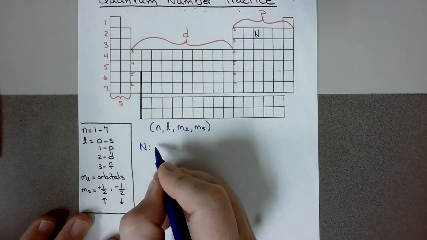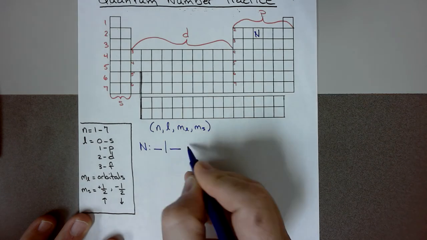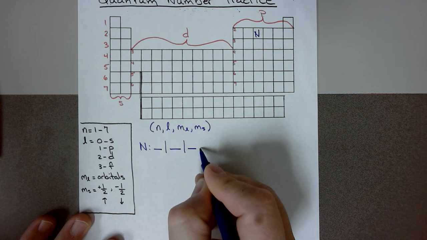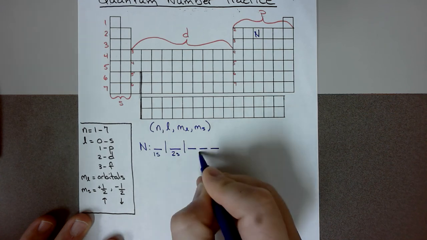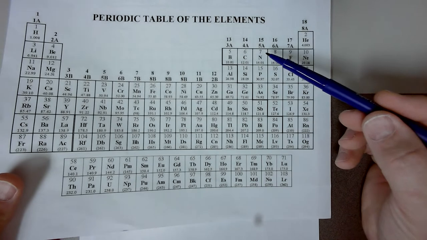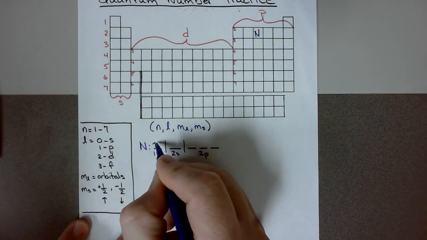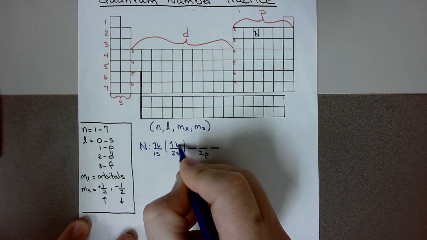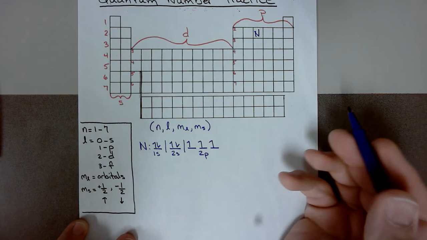So I'm going to have the 1s, the 2s, and then the 2p. And nitrogen, remember, has a total of 7 electrons. So I'm going to put those in: 1, 2, 3, 4, 5, 6, 7.